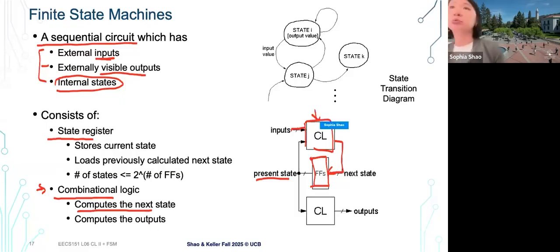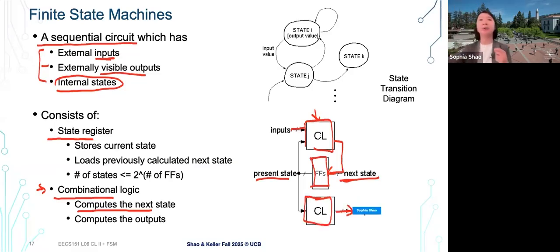So the first circuit is how to get to the next state so that I can update. And what I discussed earlier, the other combinational logic, is how I get to the output. So again, when we think about a sequential circuit, I need the flip-flop or state element to remember where I currently am and what has happened.